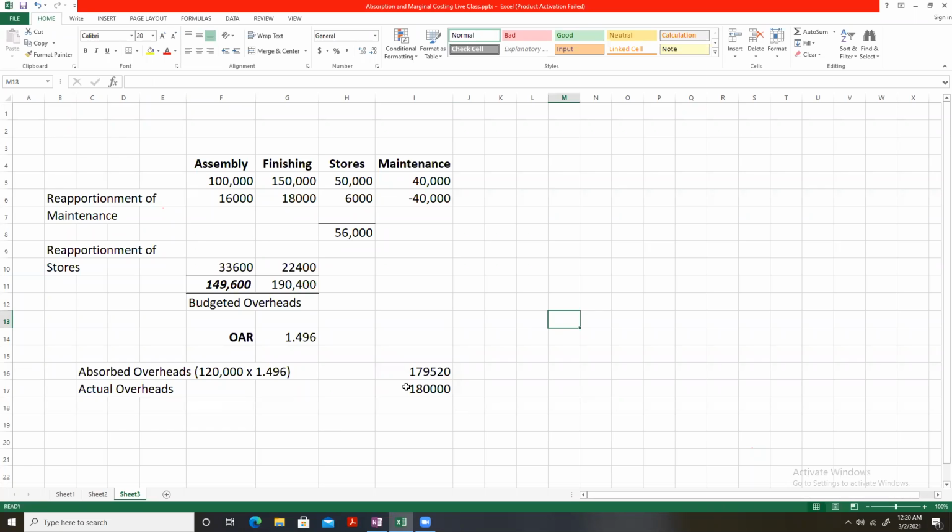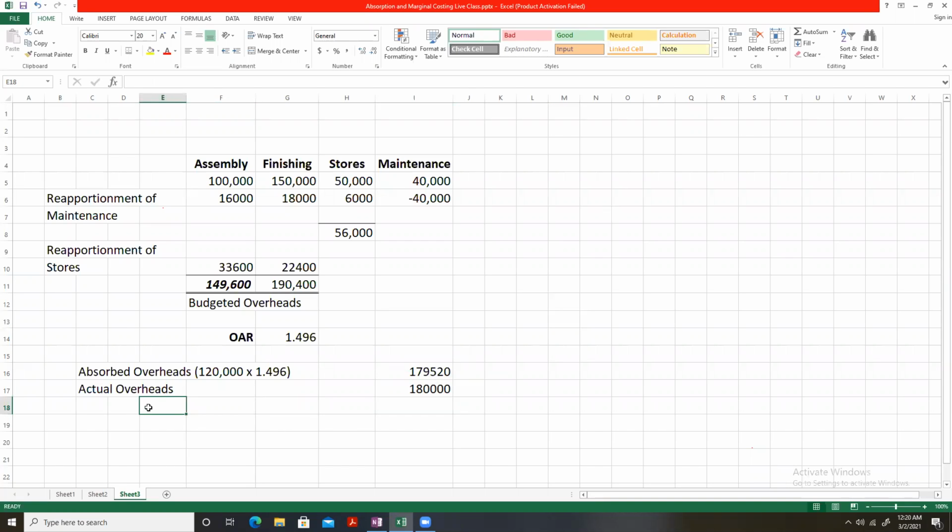Actual overheads are more than the absorbed overheads. What does this mean? Yes, under absorbed.